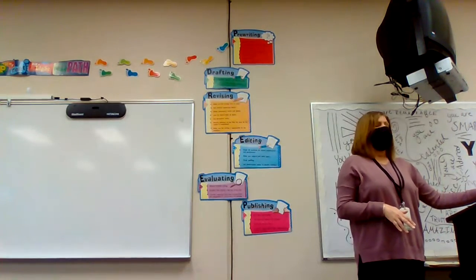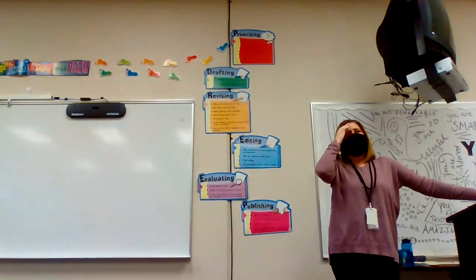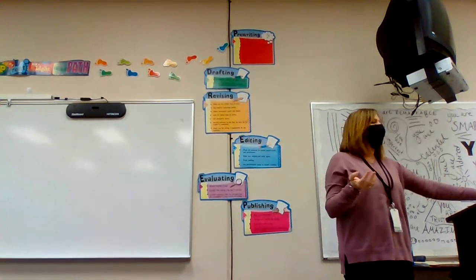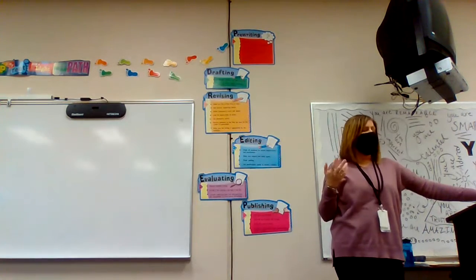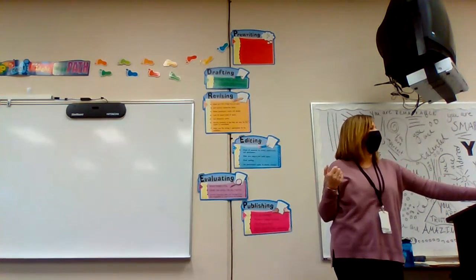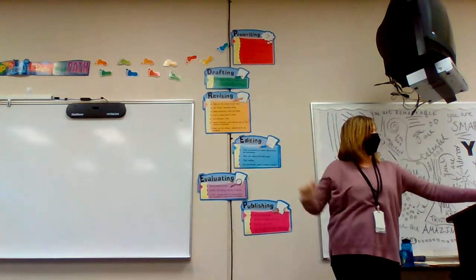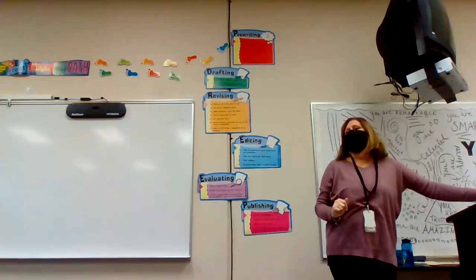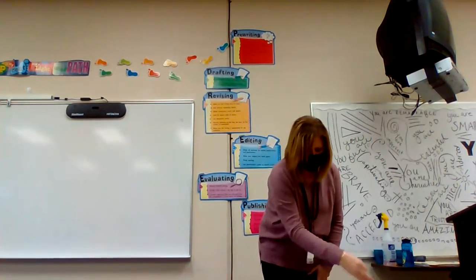Abstract, you cannot see, hear, feel. An example of a concrete noun would be podium. An example of an abstract noun would be hope. Okay? So those are concrete and abstract nouns.